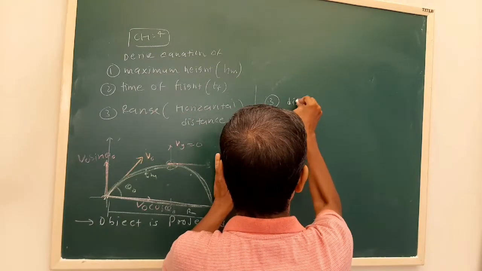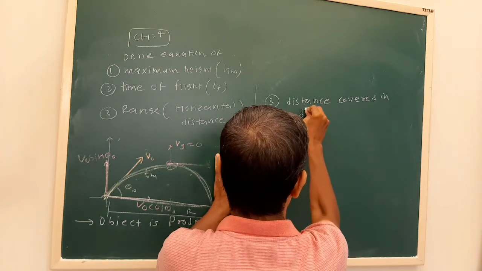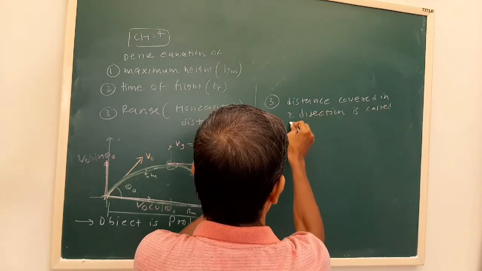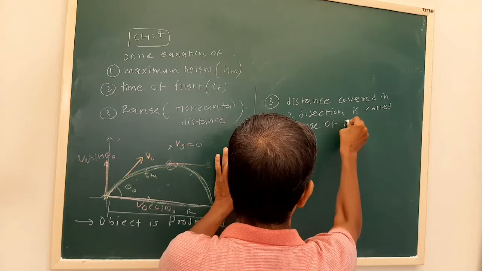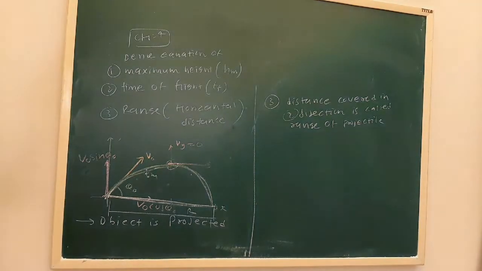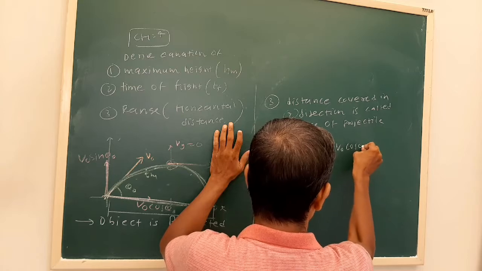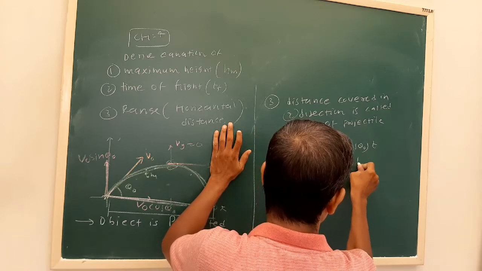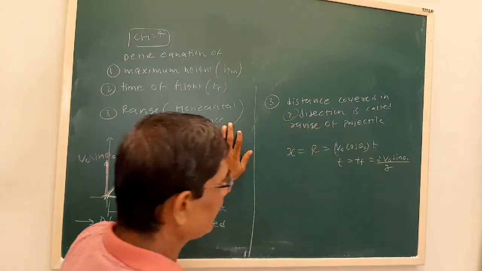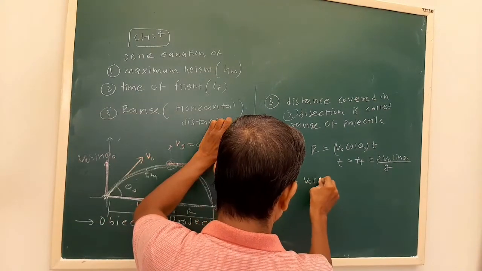So the distance covered in the x direction is called the range, or horizontal distance. That is x, with t equal to Tf, so our range is v0 cos theta into 2 v0 sin theta upon g.